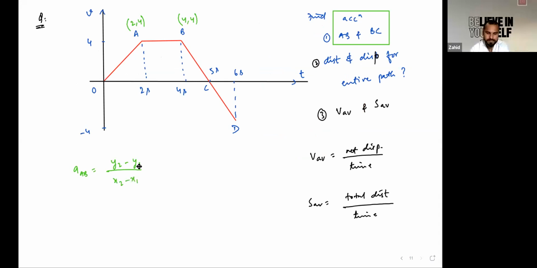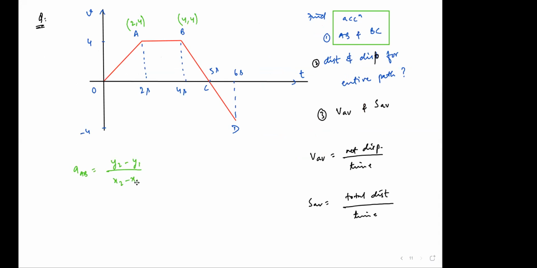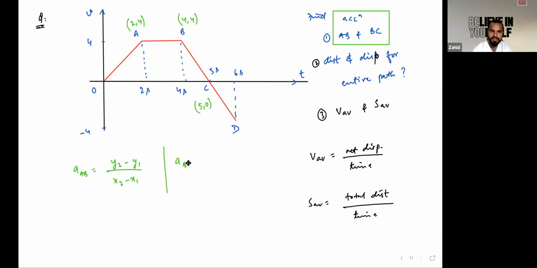Ikra, you have done wrong. Okay, sir. I understood. Similarly, try to find for B to C. It will be y2 minus y1 over x2 minus x1.